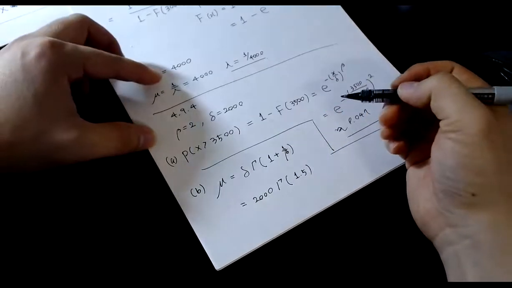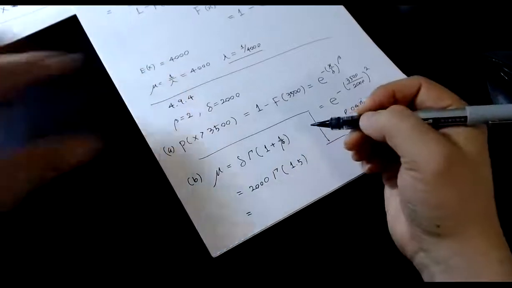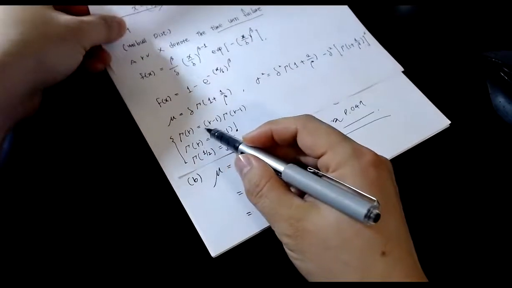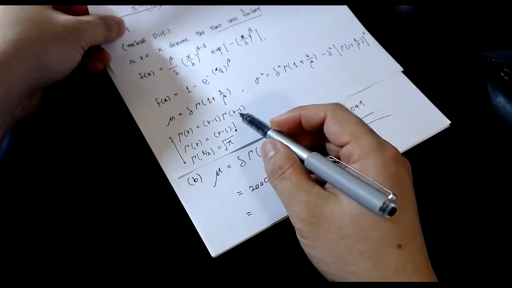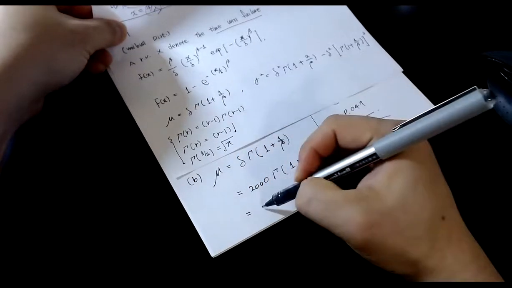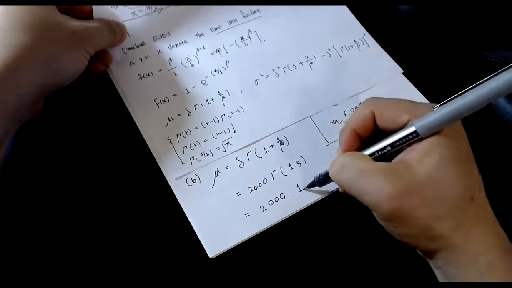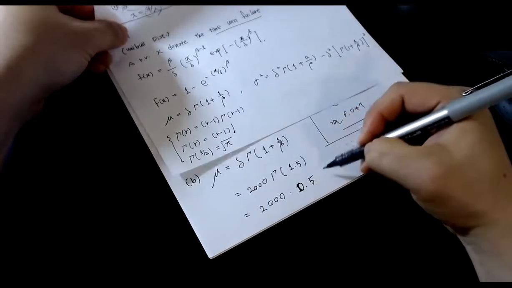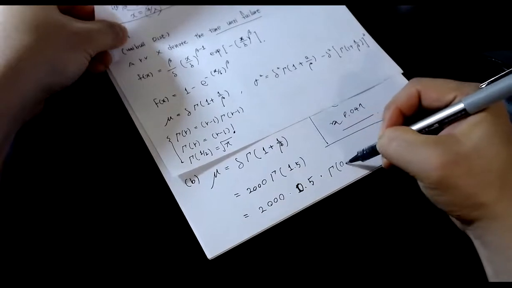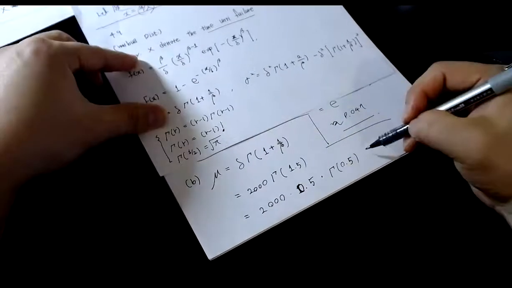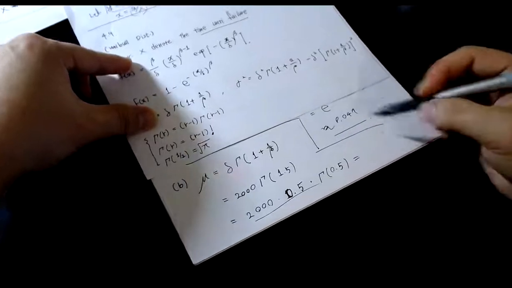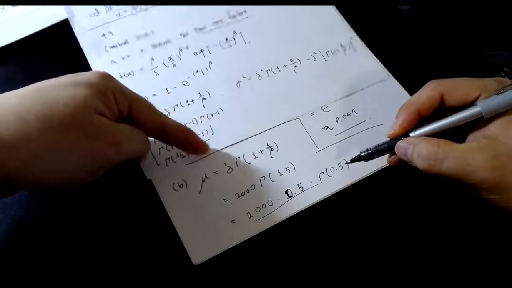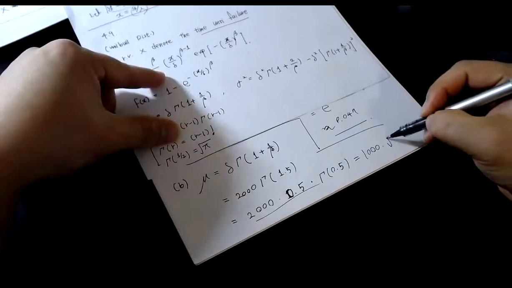Using the property gamma of r is equal to r minus 1 times gamma of r minus 1, we get 2,000 times 0.5 times gamma of 0.5. 2,000 times 0.5 is 1,000, and gamma of 0.5 is the square root of pi.